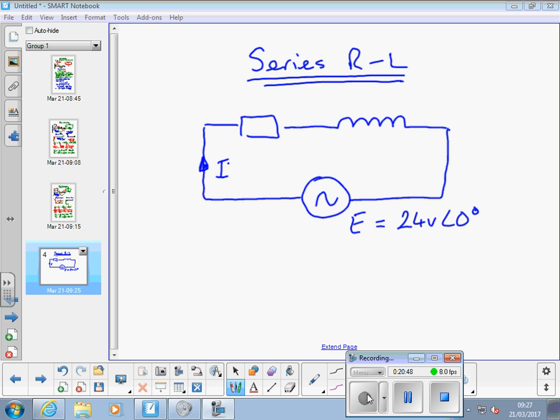For anything not given an angle, you assume it's 0 degrees. So voltage is E, 24 angle 0. We'll have a 10 ohm resistor, and so R is equal to that. XL equals 8 ohms, angle 90 degrees. Again, you might only be given the ohmic value. If that's an inductor, you need to remember that the angle for an inductor is plus 90 degrees.